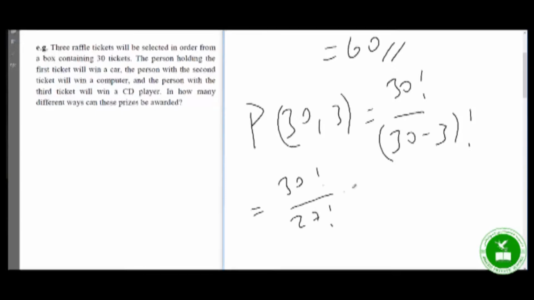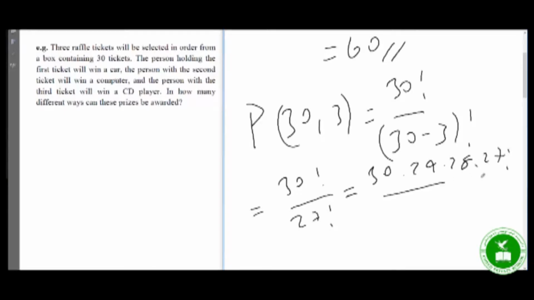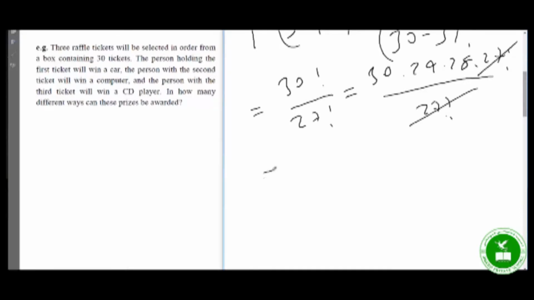So it's equal to 30 times 29 times 28 times 27 factorial over 27 factorial. The 27 factorials cancel, so it's equal to 30 times 29 times 28. These prizes can be awarded in 30 times 29 times 28 different ways.